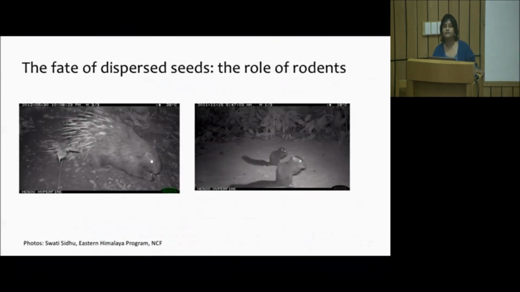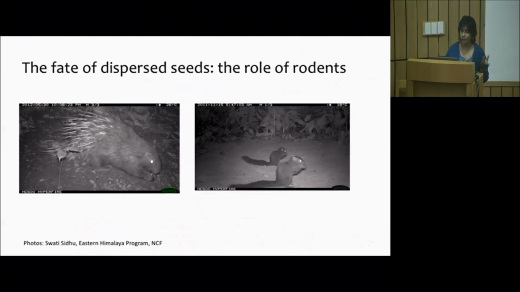So moving on from hornbills, after working for so many years on hornbills, in 2011 or 12, we also wanted to look at the role of rodents in this system. Because as I indicated in parts of my talk very casually, there was seed removal or predation at nest trees, so for me that was a question that remained in my mind.